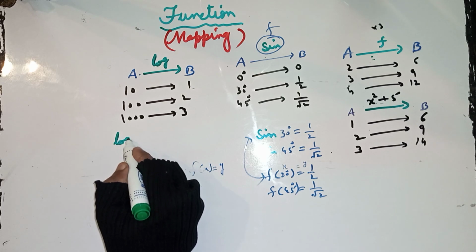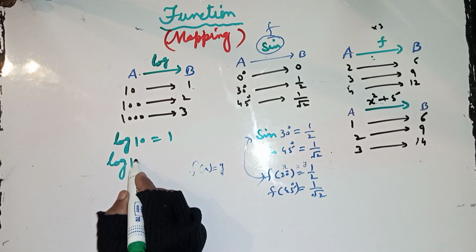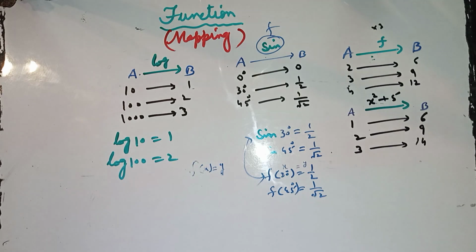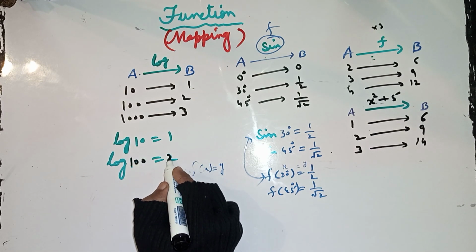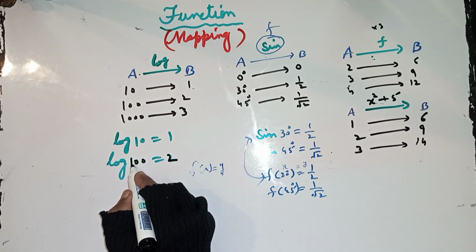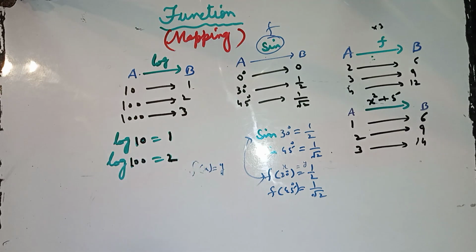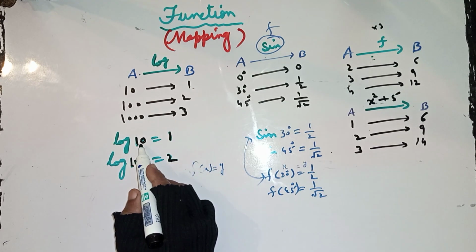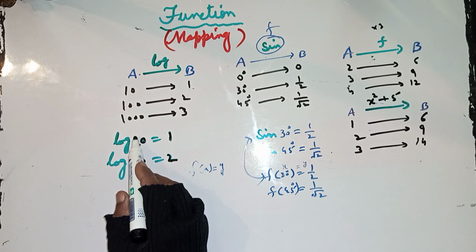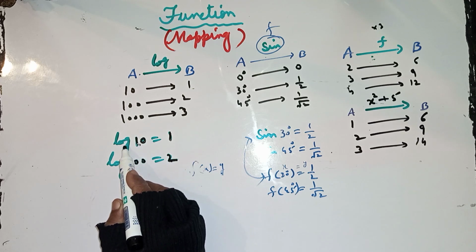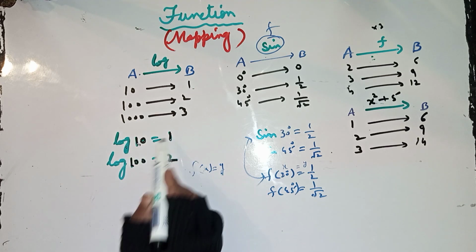As you know, we write it as log of 10 is equal to 1, log of 100 is equal to 2. This is the base, this is the domain, this is the range, this is the image. On this, the operation of log is done and the output is 1.